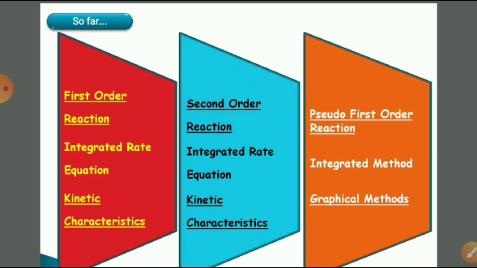In the first few lectures we have seen the first order reaction, integrated rate equation and kinetic characteristics. Again the second order reaction, integrated rate equation and its kinetic characteristics. Today we have seen the pseudo first order reaction and a few examples, and how the rate constant or order of reaction can be calculated for pseudo first order reactions by taking two examples, the chemical method and physical method.